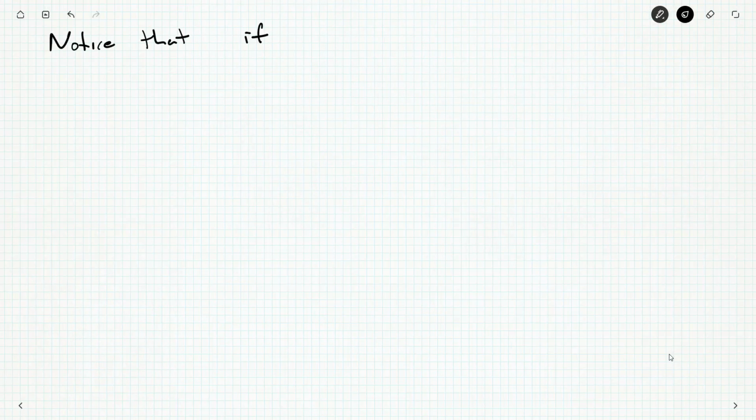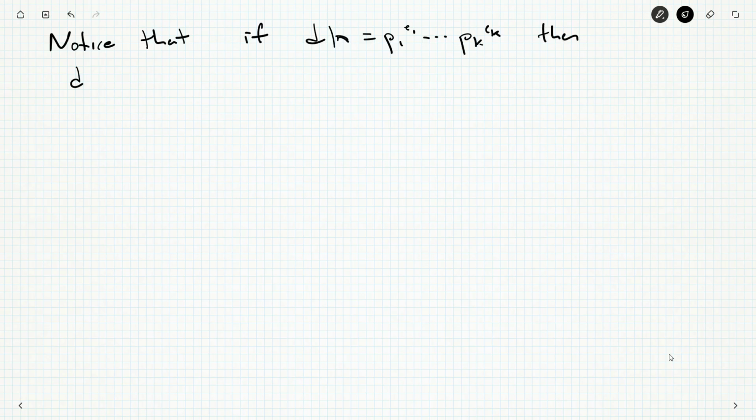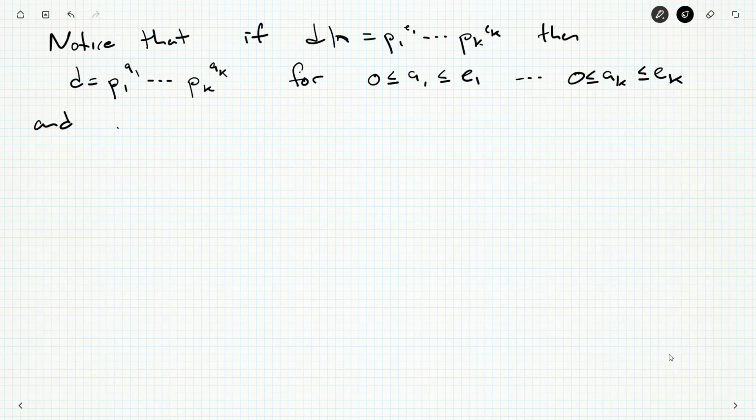Notice that if D divides N, which is p1 to the e1 through pk to the ek, then D has to be equal to something of this form. And so that shows me every divisor of n is in that sum.